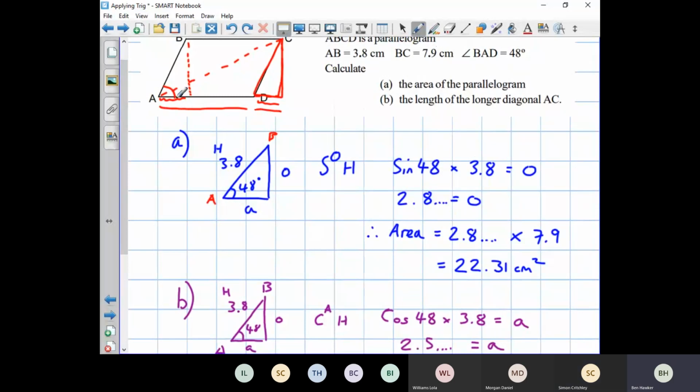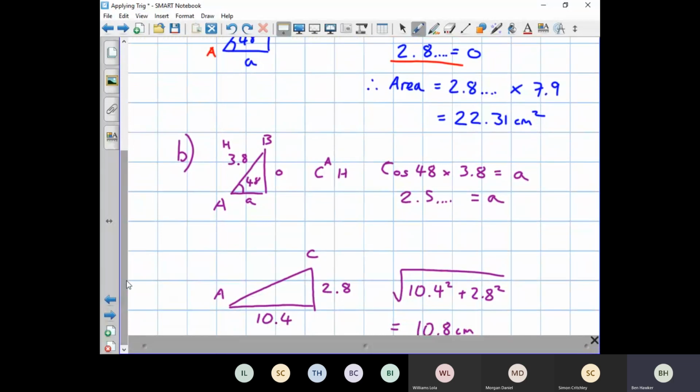And then we worked out the height earlier on. So this part we know as well, which all comes together in order to make this triangle 10.4 and 2.8. And I don't think I've used the exact values this time, I've just rounded. And I used Pythagoras in order to find the diagonal AC, which is 10.8 centimeters. And again, we can see that this is our longest side, so whilst that doesn't mean we're definitely correct, it gives us an idea that, well, that's one checkpoint ticked off.